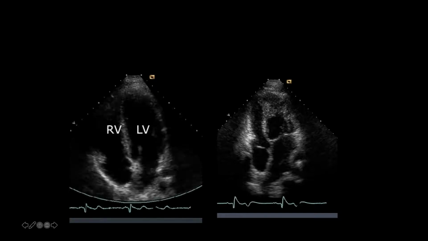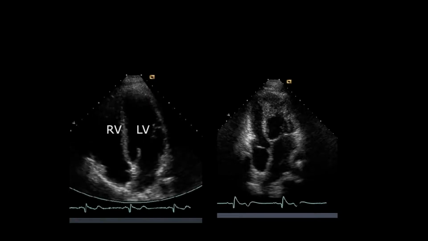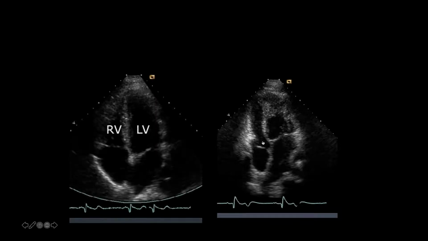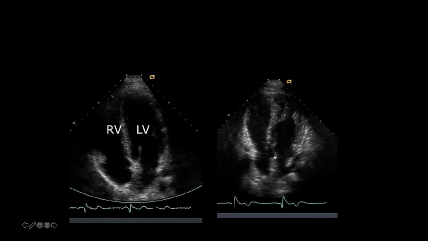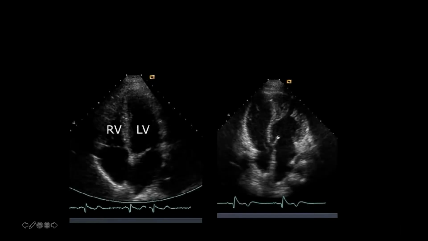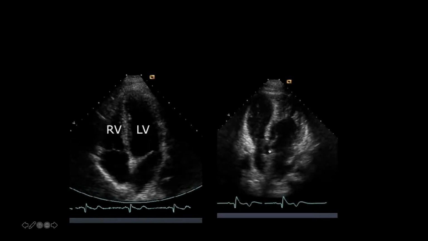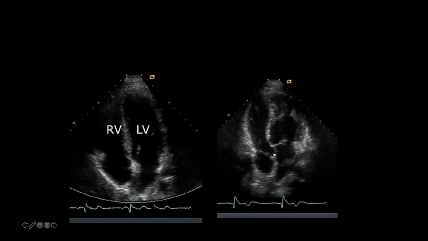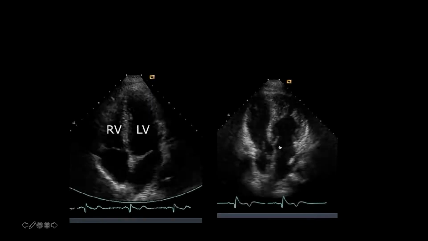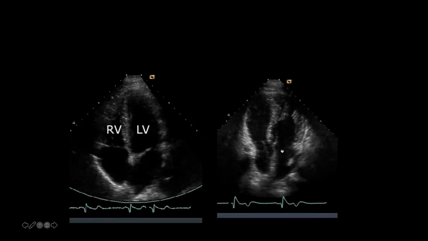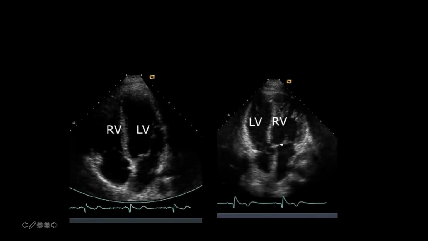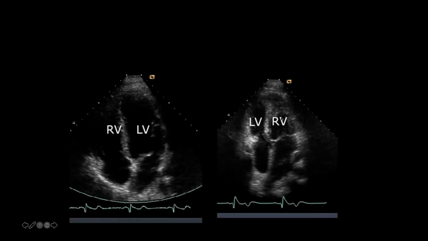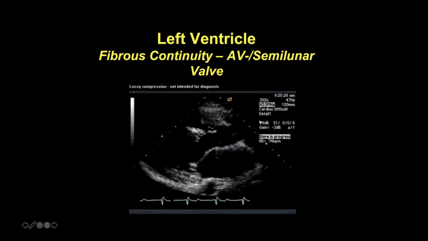So the AV valves communicate with the corresponding ventricle. That's the other setting. You see here, the left-sided AV valve is more apically positioned than the right-sided AV valve. So this is the tricuspid valve, and if you know the tricuspid valve now, you know now this is the right ventricle.